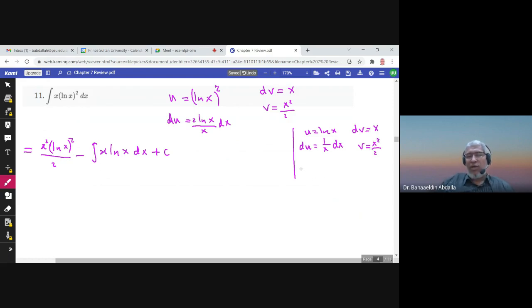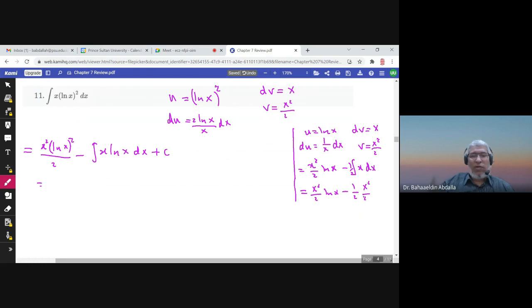And now the integral would be equal to uv, which is x squared over 2 ln x, minus integral v du. So it is half, and x squared over x is x dx. So the integral is x squared over 2 ln x minus half x squared over 2.